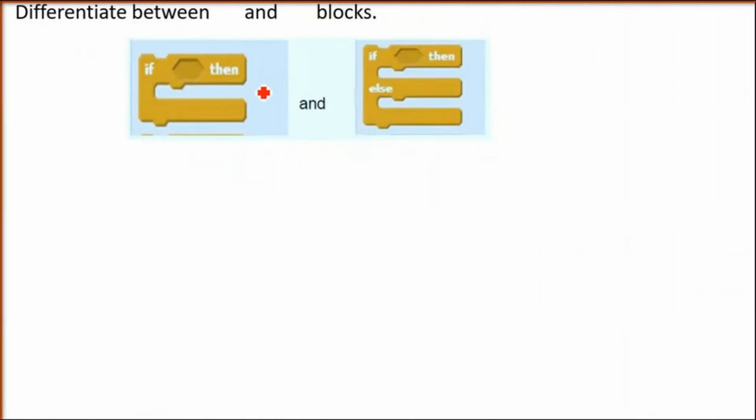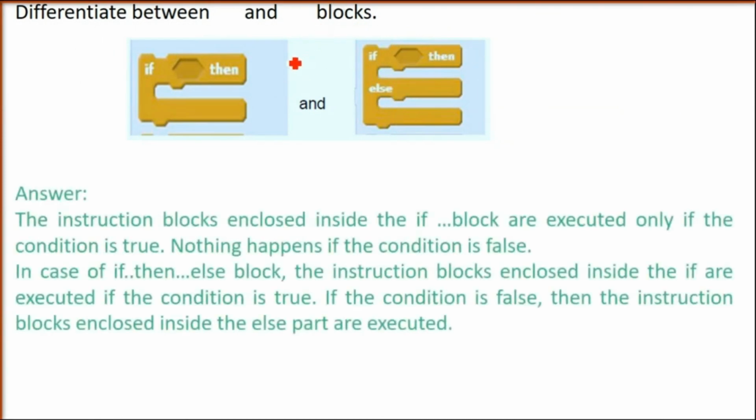Differentiate between if then and if then else blocks. If you understand that if, this is simple English: if something happens, that is, this condition is true, then do something. Otherwise, do something else.